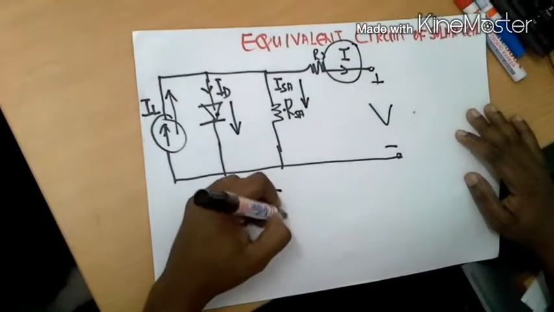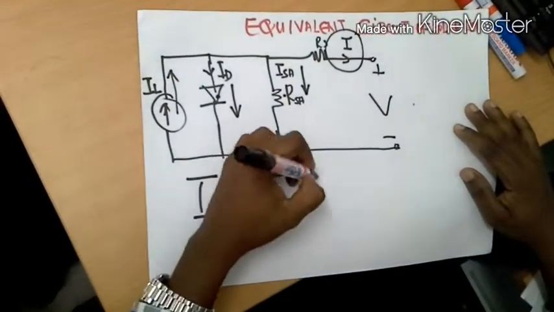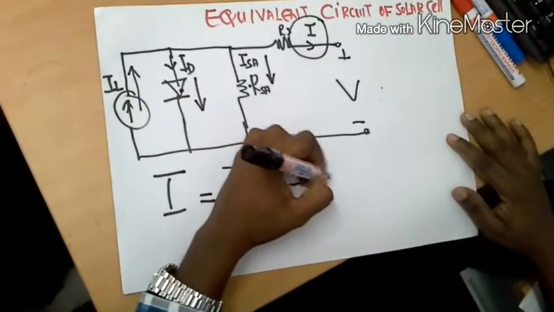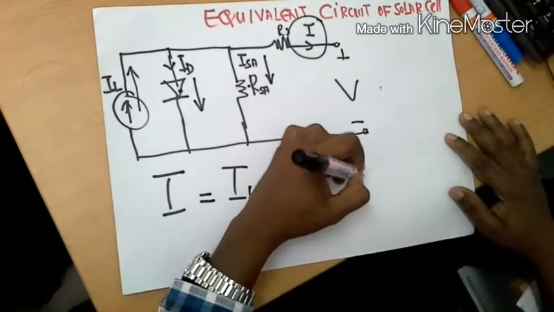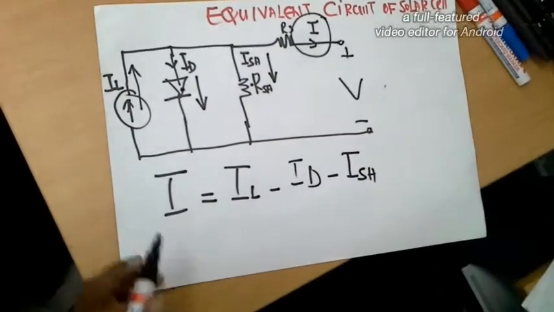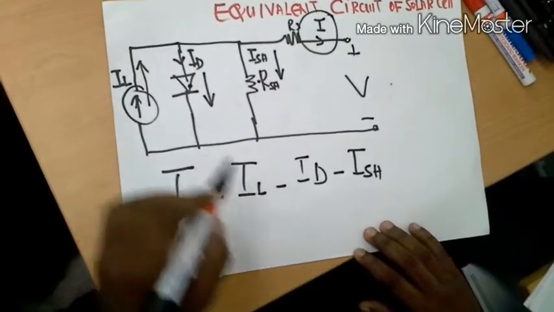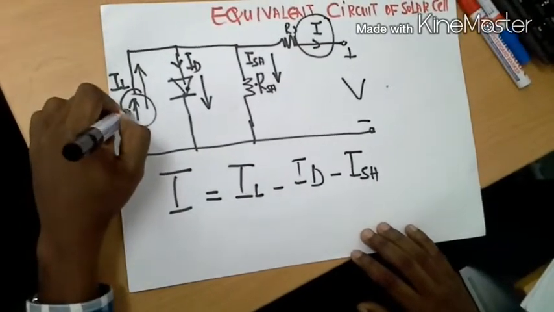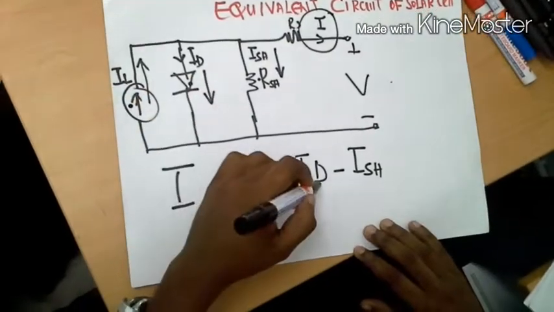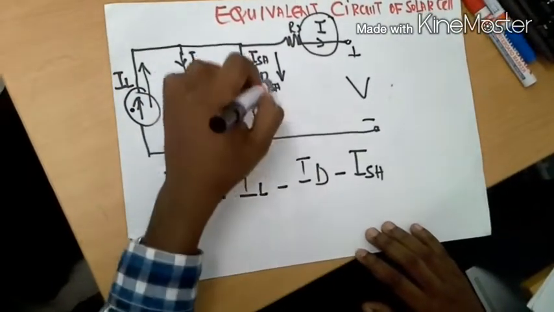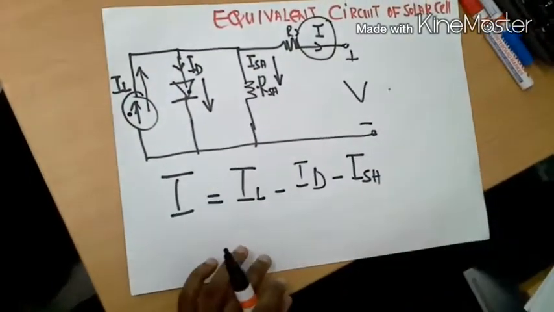So it will be I equals IL minus ID minus ISH. You have to know that I is the output current, IL is the photogenerated current, ID is the diode current, and ISH is the shunt current.